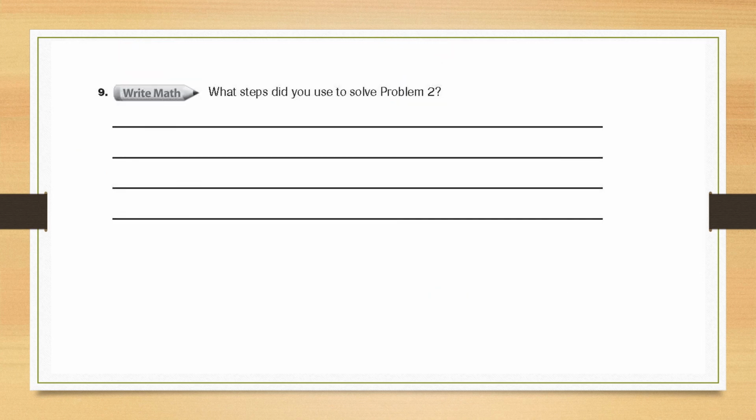Question number 9. What steps did you use to solve problem 2? Now, in problem 2, we were comparing negative 1/5 to negative 0.3. Step 1, I converted negative 1/5 to a decimal, negative 0.2.